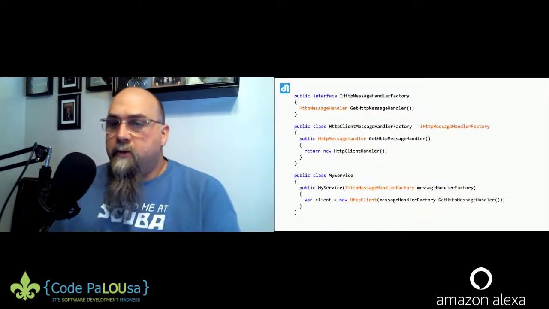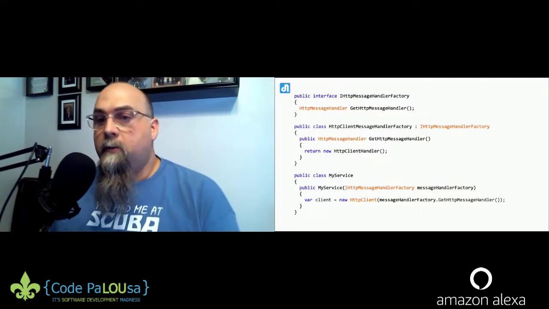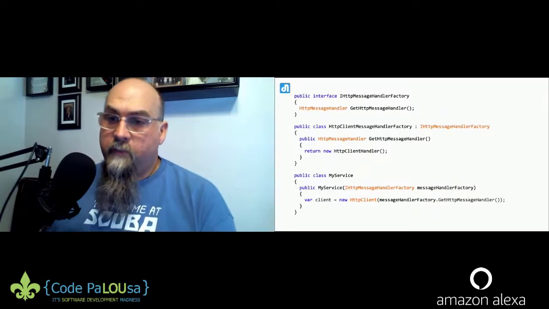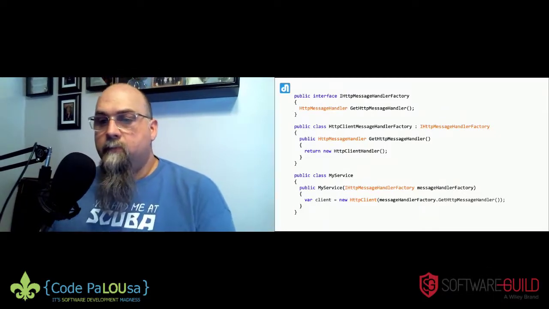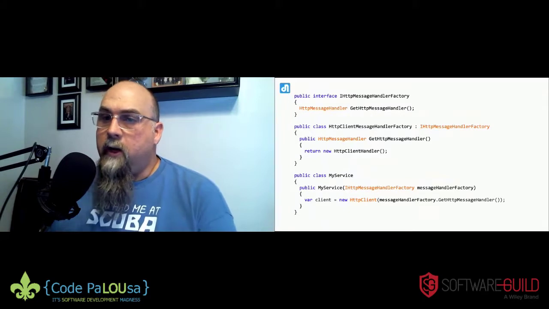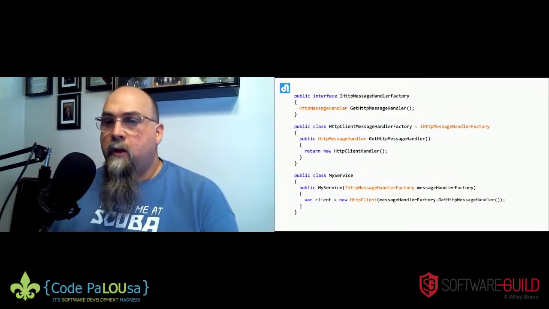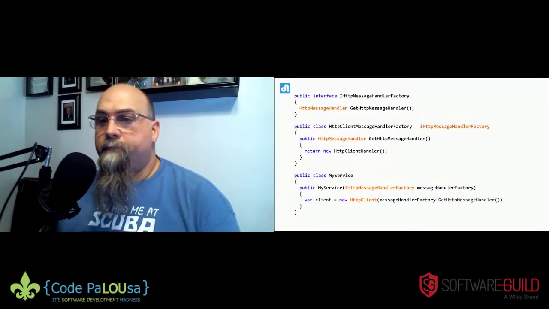There's a few different ways of doing it. This is one way I've done it in the past, an easy way, and that is interfacing some things out. There's some cleanup I need to do on this for dealing with HTTP client these days, but this will still work. Basically, we create a message handler factory and implement a default one there.